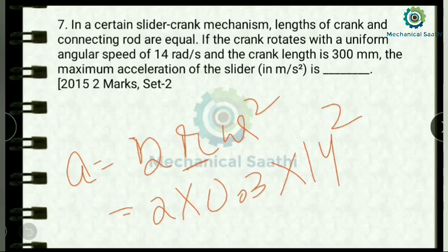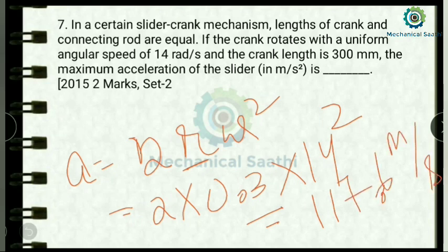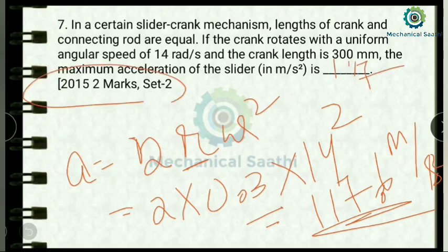And if we calculate this value, we'll be getting 117.6 meter per second square. So this will be the correct answer, that is 117 over here. It was asked in 2015 for 2 marks. So simple question, simply you need to remember the formula over here.